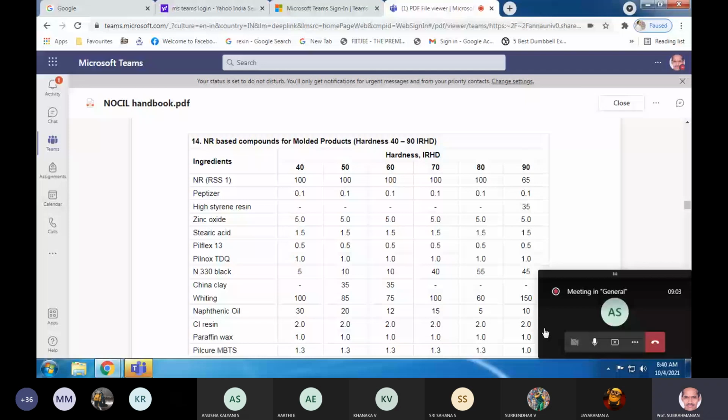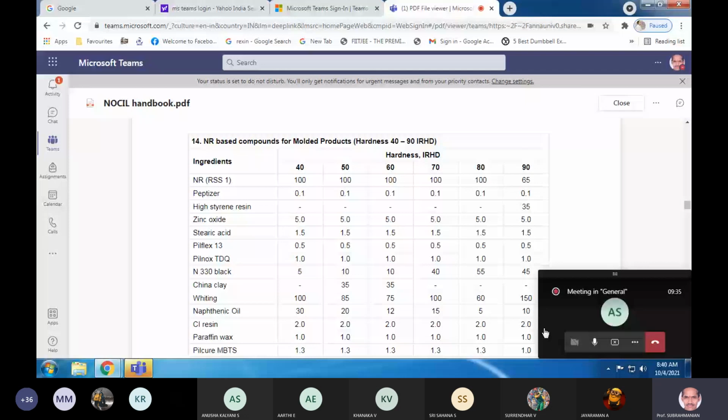You have this anti-ozonant Filflex 13. That's a trade name. Filflex 13 is a trade name. That is an anti-ozonant, IPPD, right? IPPD, 6PPD, they are used interchangeably, even though they have a certain difference in their impact in certain formulations.